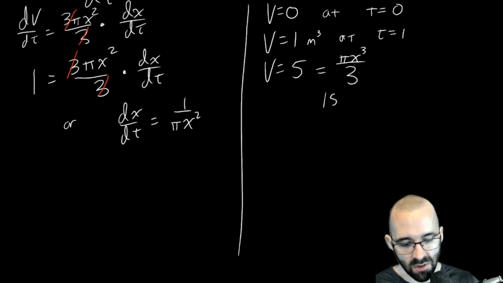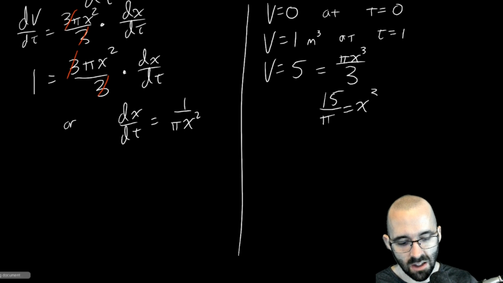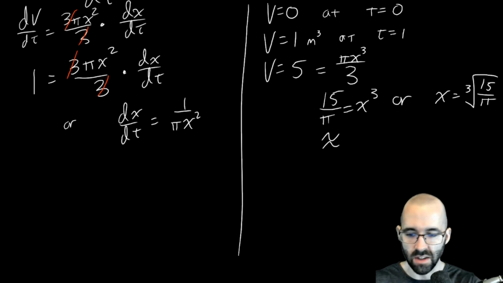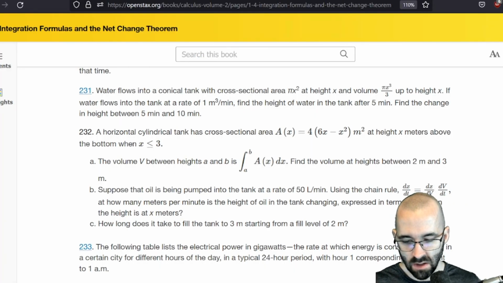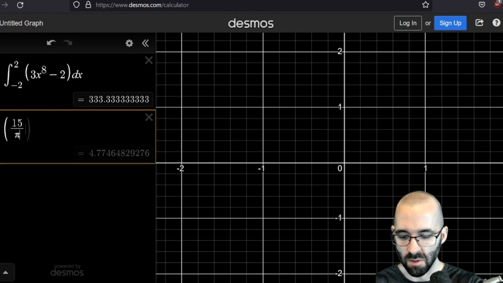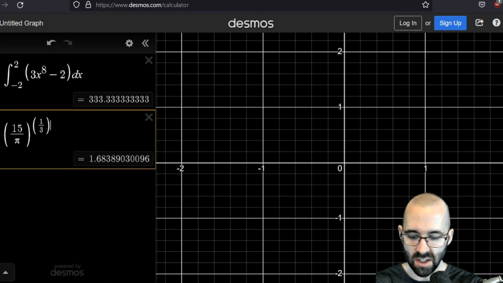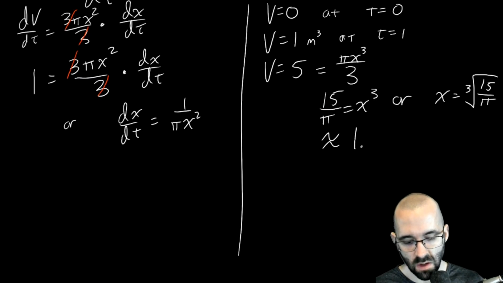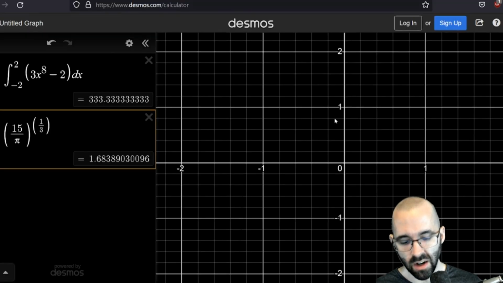We get 15 divided by pi equals x cubed, where x is the cubed root of 15 over pi, which is approximately, cubed root's the same as an exponent of 1/3, about 1.684 meters high after that. Okay, so that's the answer to part A.